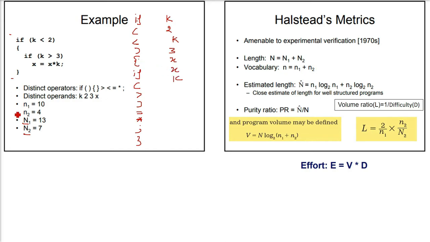Now the question will be, what is small n1 and small n2? These are distinct operators and operands. So now you just have to remove the duplicacy or multiplicity. So small n1 will come from this first column. First column we have used. So if is already there. So one I have crossed and other I have just removed because it is repeating. Round bracket also repeating. Angle bracket is not repeating.